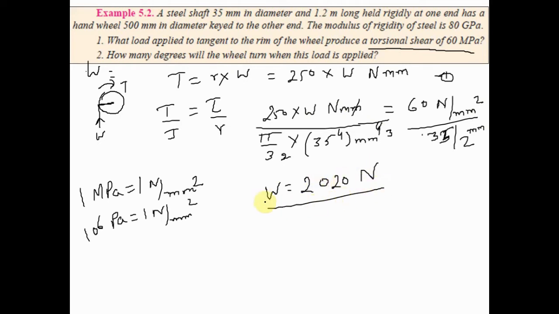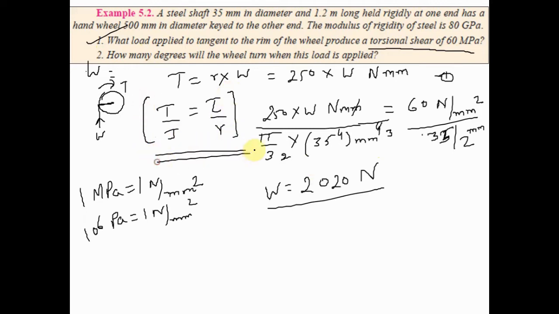This is the answer for part 1: the load of 2020 Newton, when applied tangentially to the rim, will produce a torsional shear stress of 60 megapascals. What we did was use one part of the torsion equation to solve this.